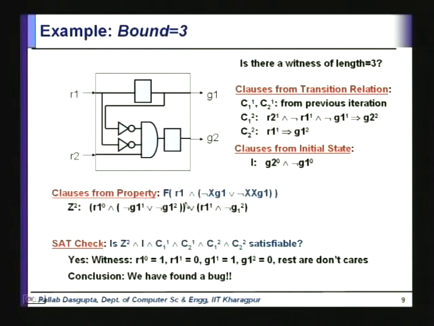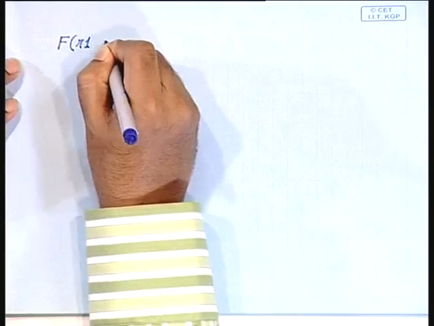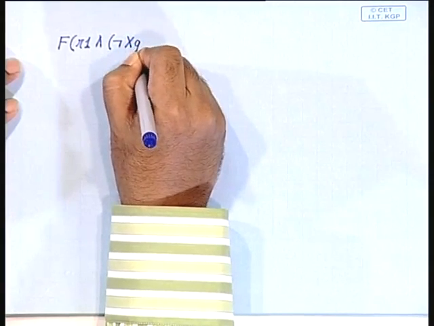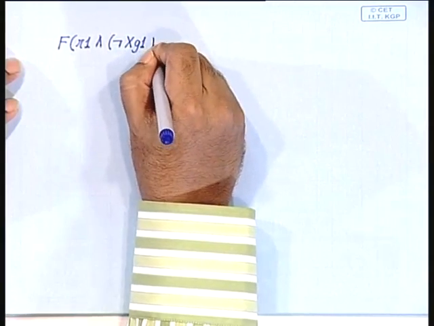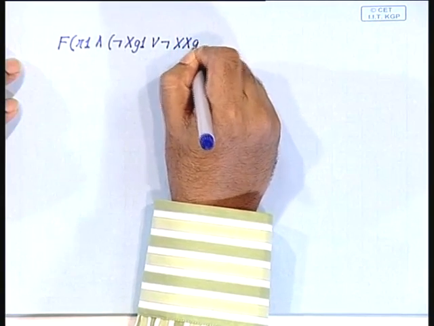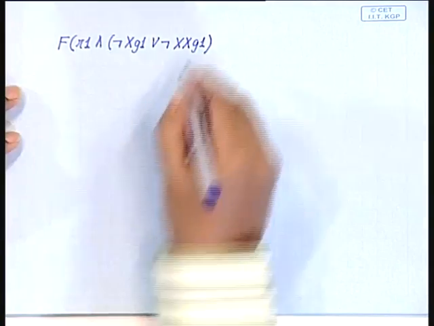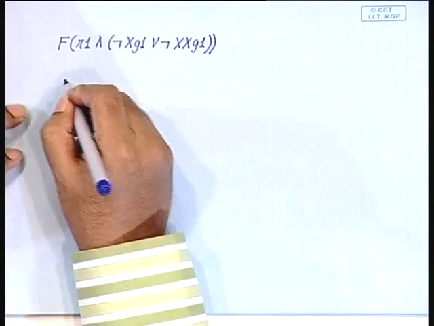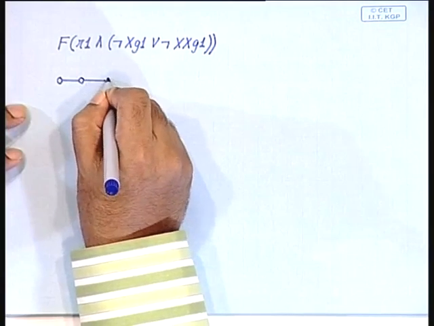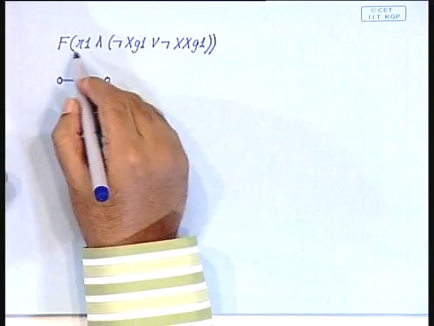So, the property that we had here was F R1 and not of X G1 or not of XX G1, right. Now, if I look at traces of length 3, in what ways can this be satisfied?